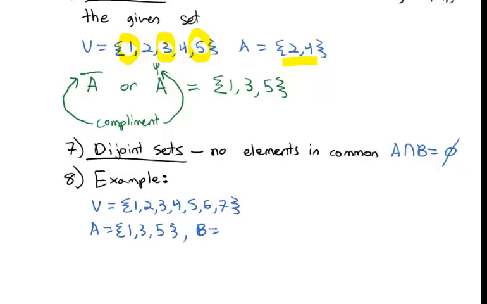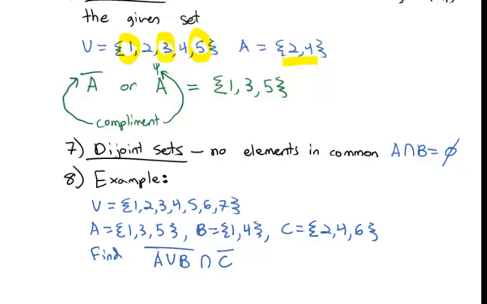The set B is equal to 1, 4. And the set C is equal to 2, 4, 6. And we are going to find the complement of A union B, intersection C complement.